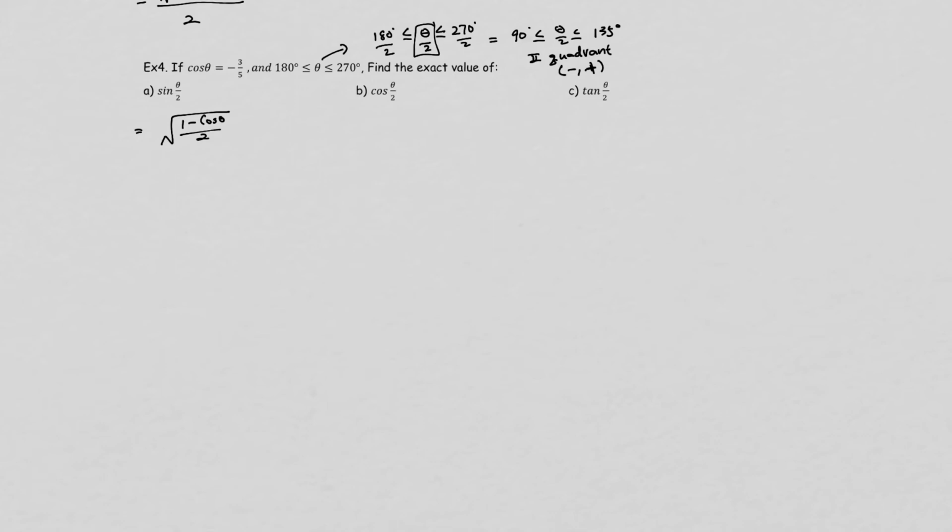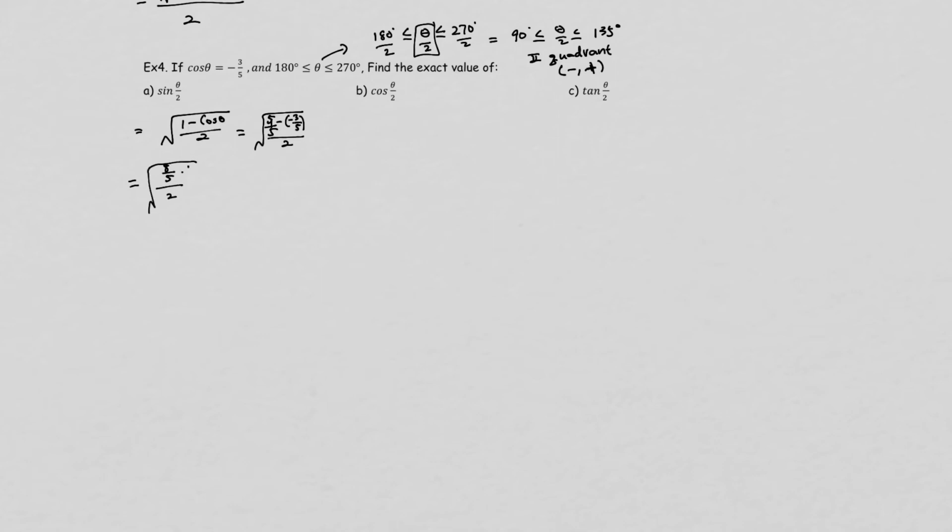So when you replace that cosine theta, you get 1 minus negative 3 over 5 over 2. Because 1 becomes 5 over 5, you get 5 plus 3, so it will be 8 over 5 over 2.